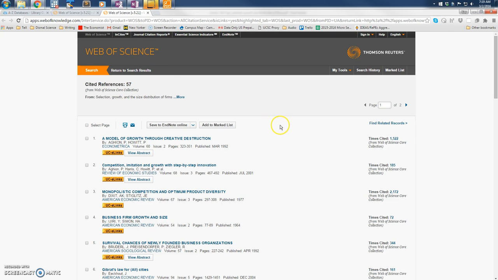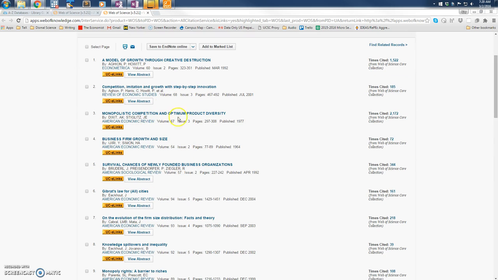And so now you have all these papers. We can see it cites a model of growth or creative destruction, so the creative destruction paper by Aghion and Howitt. This one is on monopolistic competition and product diversity. A lot of these are very well-known papers, but they're all quite useful.